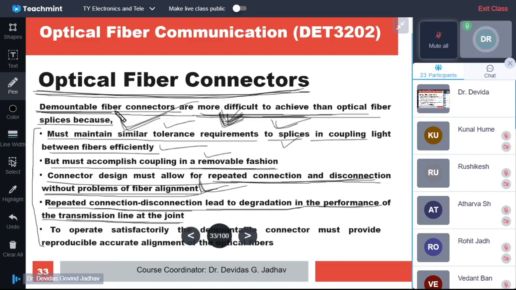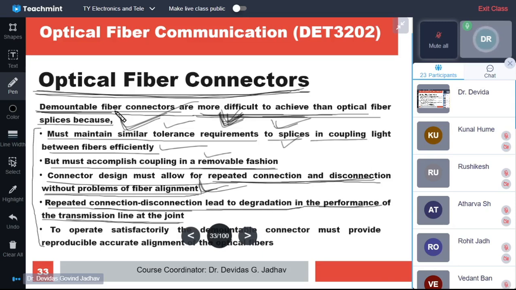They must maintain similar tolerance requirement to splices in coupling the light between fibers efficiently. The tolerance requirement should be maintained. Whenever the splicing is there, there will be a small amount of misalignment, a few percentage of the misalignment, that is the tolerance, a few percentage of the loss, that is the tolerance.